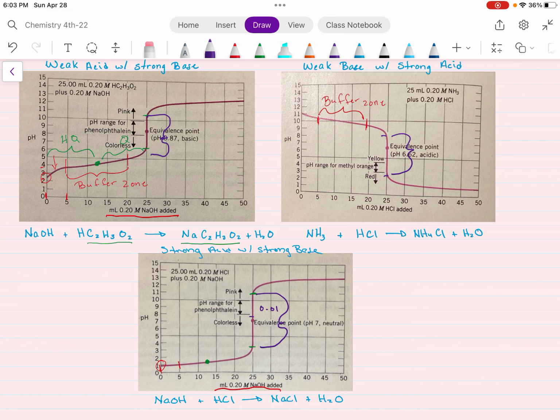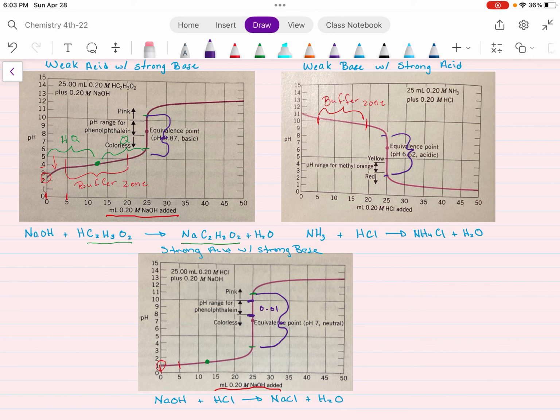So if you're within that range along the equivalence point, then you're going to choose the indicator that is within that range. For example, phenolphthalein has a range of right around 8 to about 10. In this area, you're not going to have to add or change a whole lot for that color change to happen.